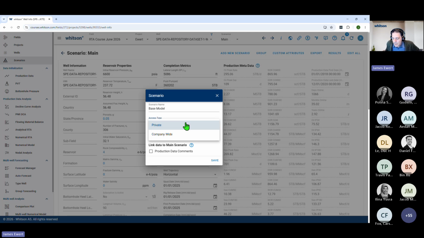So it can be private just to you, or it's one that you can share with everybody else at the company. Now, one thing I would say is that within your team, I would highly suggest that you agree to a naming convention for scenarios that are going to be used for different purposes. One of the problems we can find is that different people working on different wells will have different naming conventions.